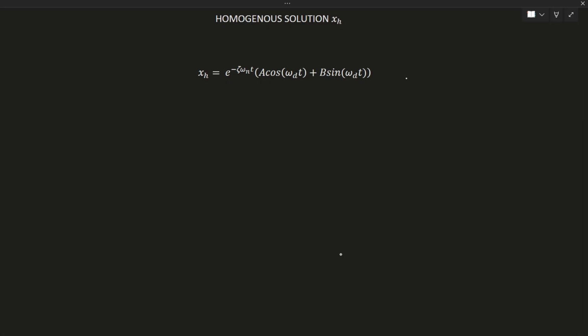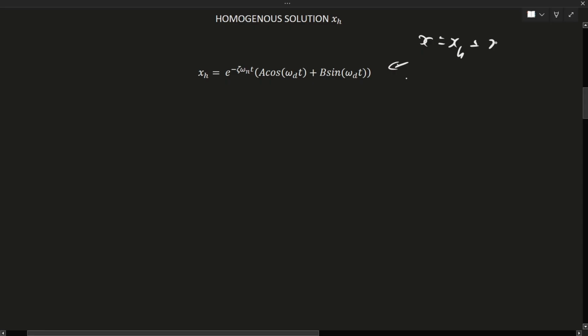It's from your previous chapter. However, unlike in your previous chapter, just keep in mind that this isn't the full solution, okay? The full solution is xh plus xp. So you can't just take this and use your initial values to solve for A and B because it's not the total solution.